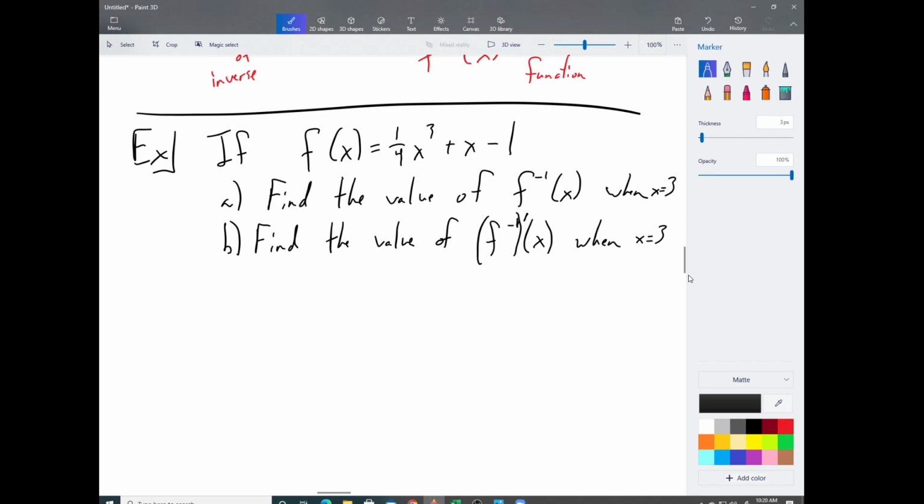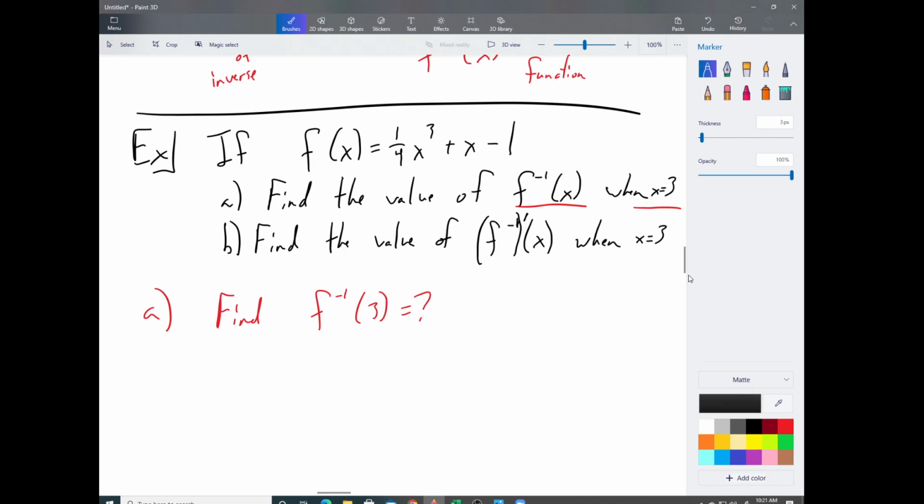All right. So, you have a couple of ways you can think about this with inverses. First question asked is find the value of our inverse function at x equals 3. So in other words, A is asking find inverse of 3.